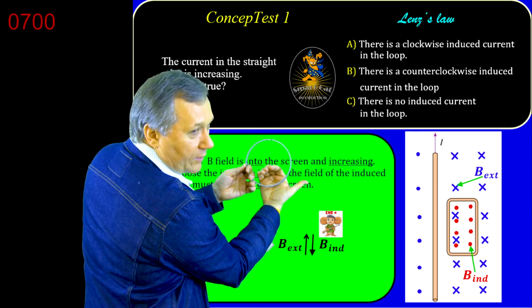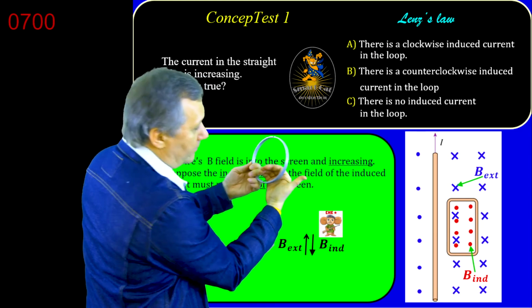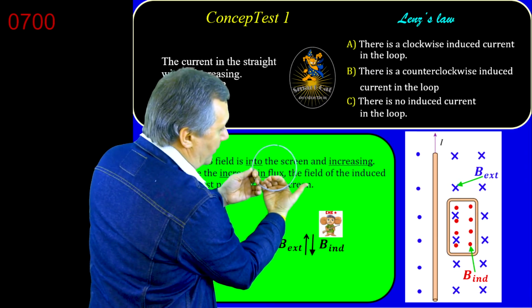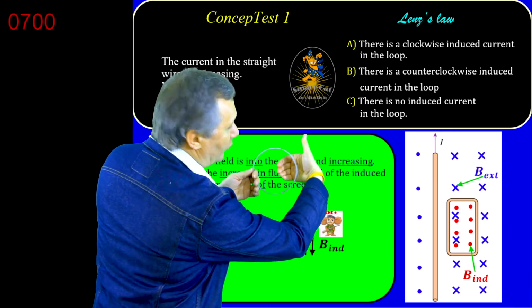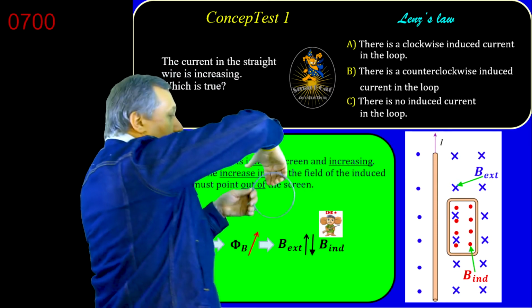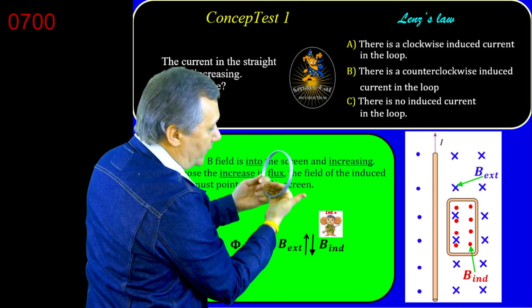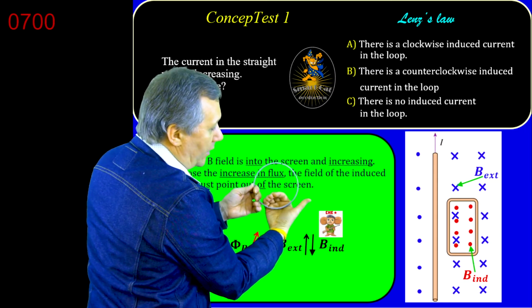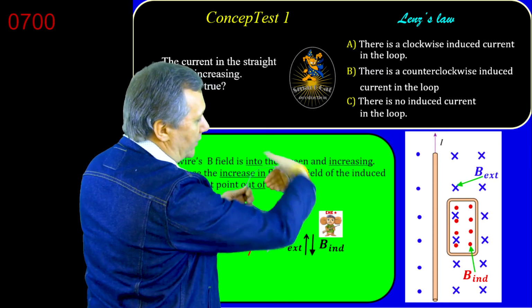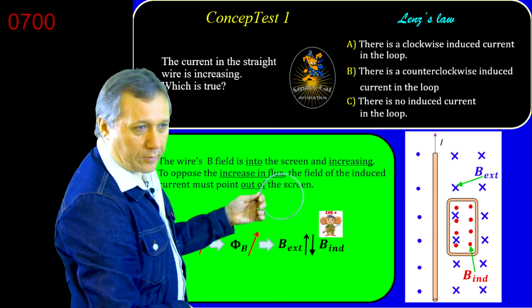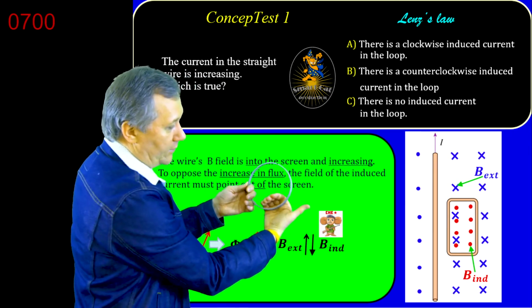So I have to position my fingers like this, out of the screen. And my thumb, again, it doesn't matter if you position your hand over here or over there, it gives you the same result. So fingers out and outstretched thumb gives you direction of the current. So it will be this way, counterclockwise direction.